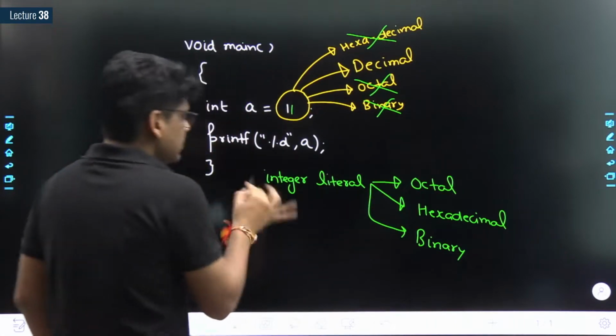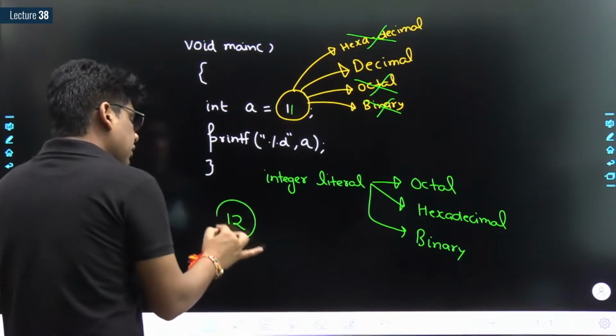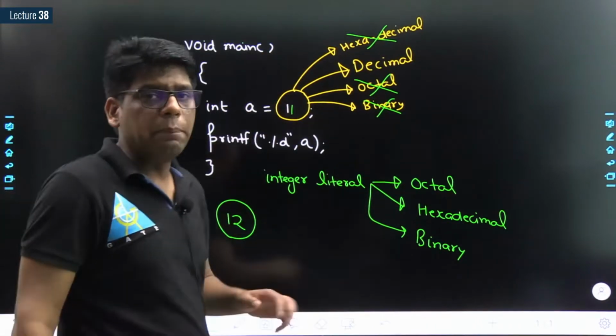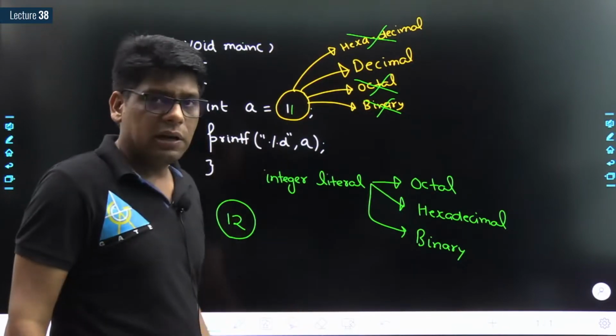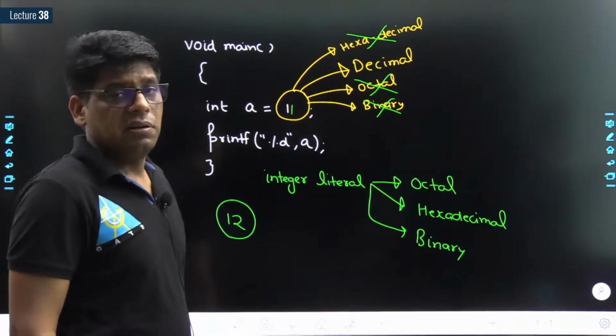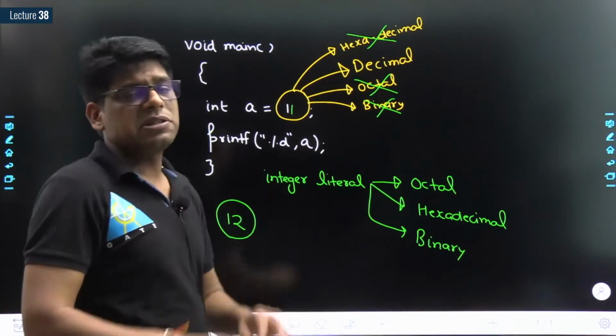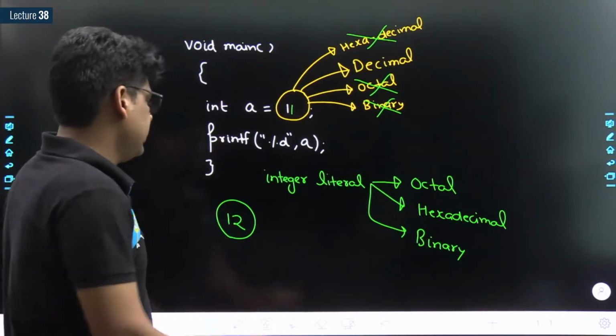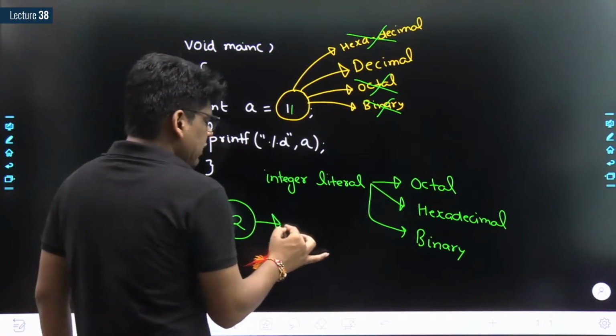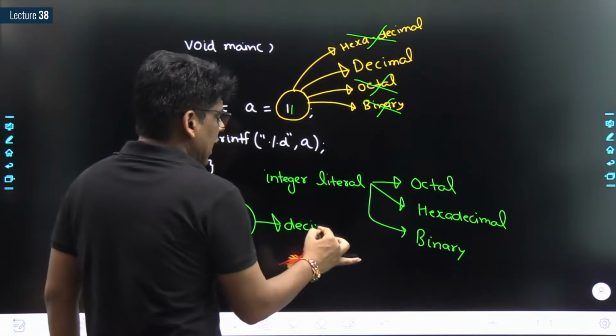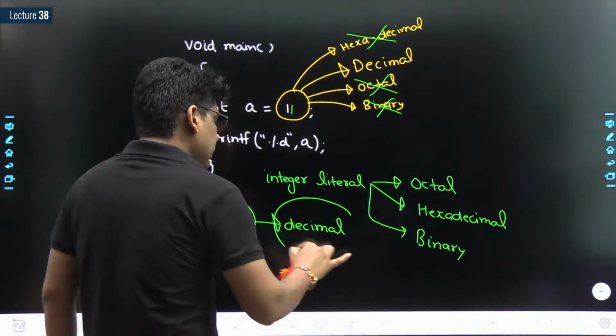Sir, just like if you write 12 anywhere in your program, 12 is an integer literal. But the big question is whether this 12 is in hexadecimal, octal or any other number system. No sir, it is always fixed that by default integer literals are in decimal number system.